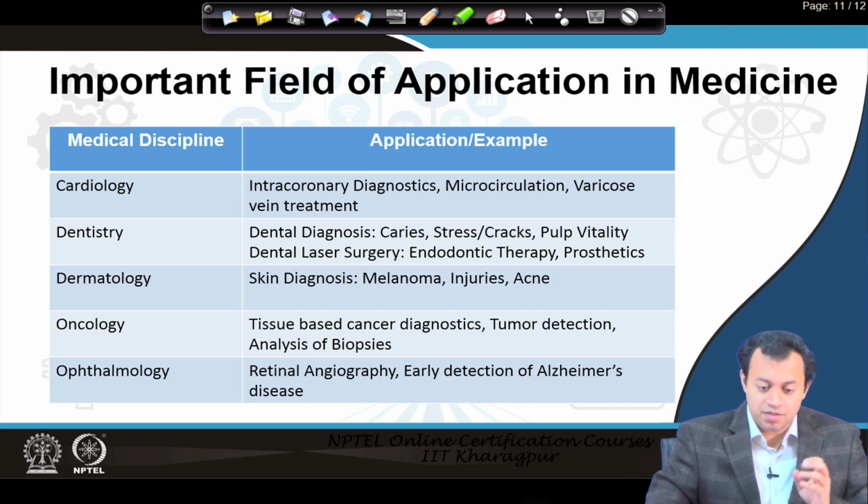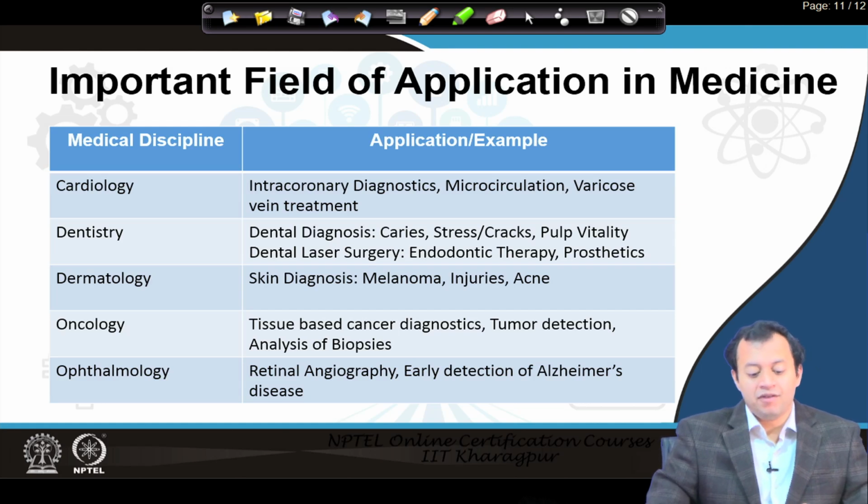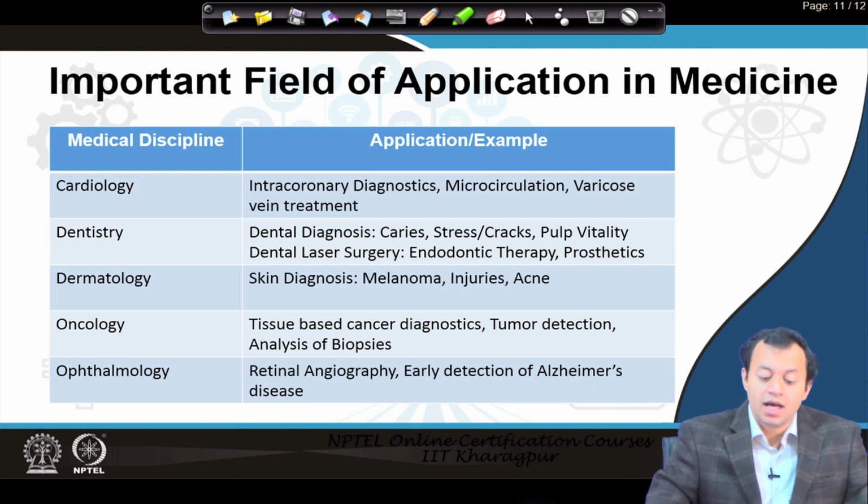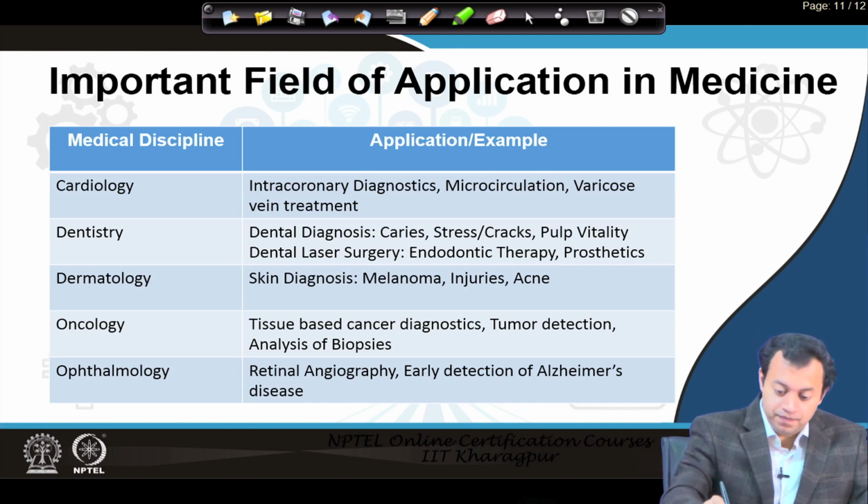So, these are some of the specifics where biophotonics can contribute significantly. They are either contributing already or they have great potential in their contribution.